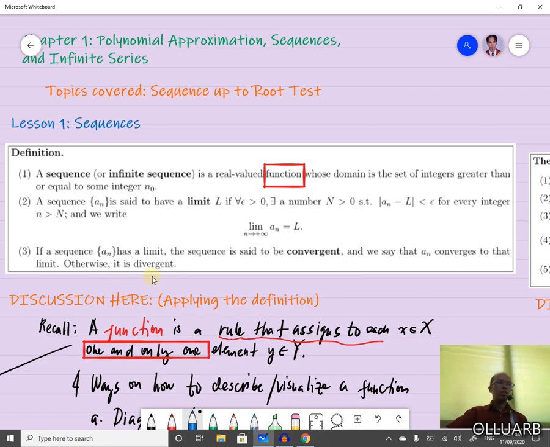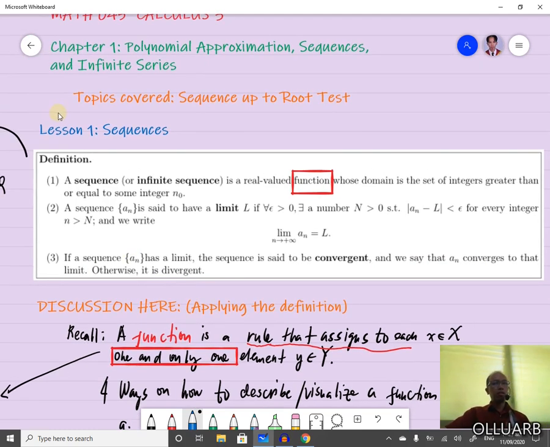Otherwise, it is divergent. As you can see in the definition, if the sequence has a limit, then that sequence is said to be convergent. But if it doesn't have a limit, then the sequence is divergent. Okay, that's very easy. It follows from definition number 2.